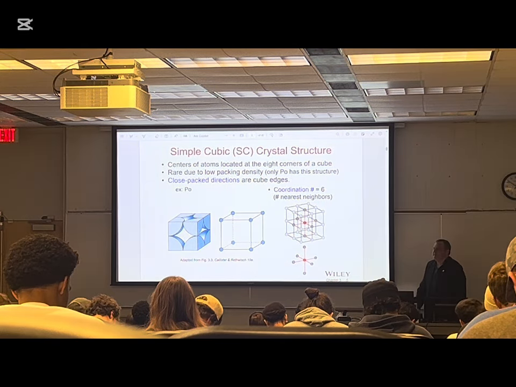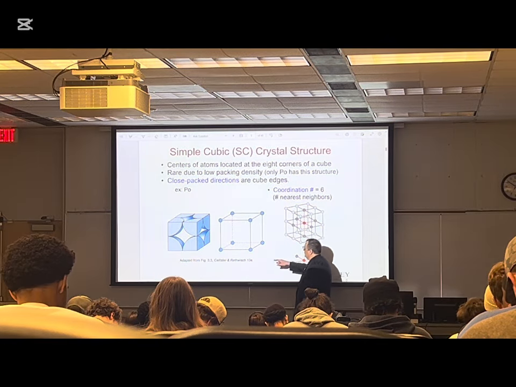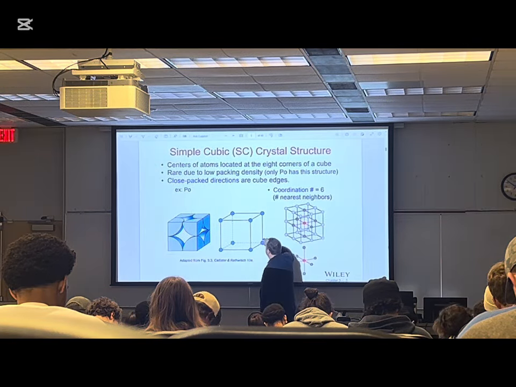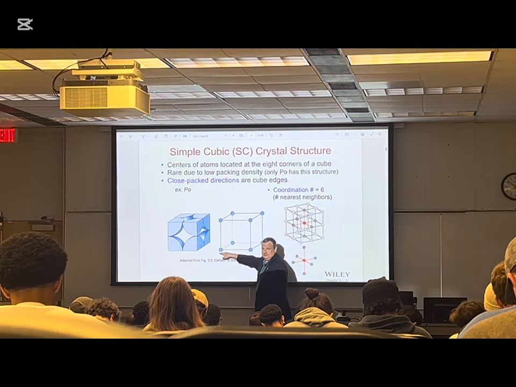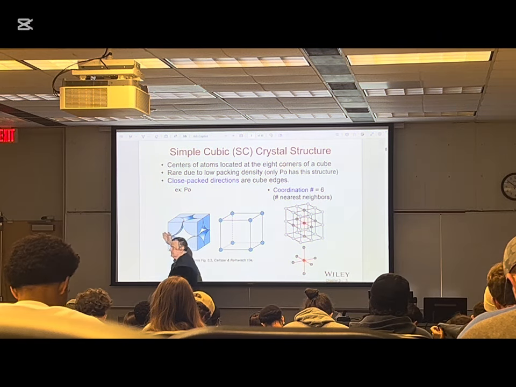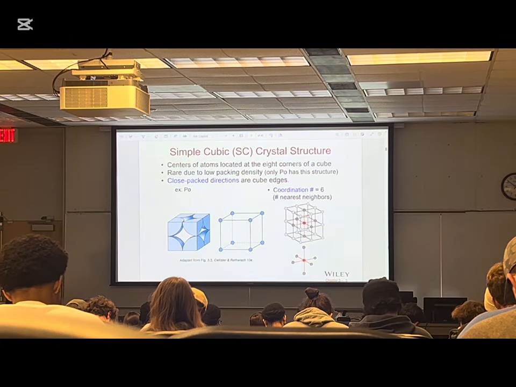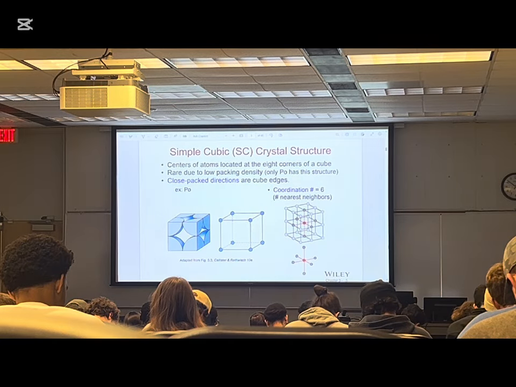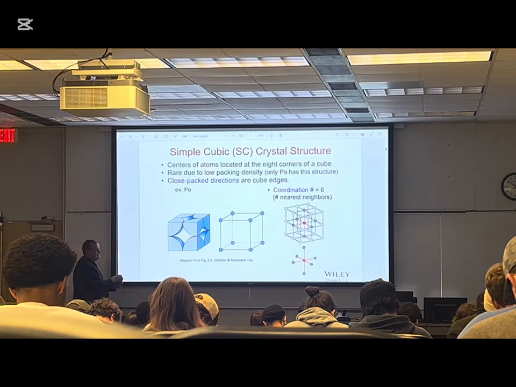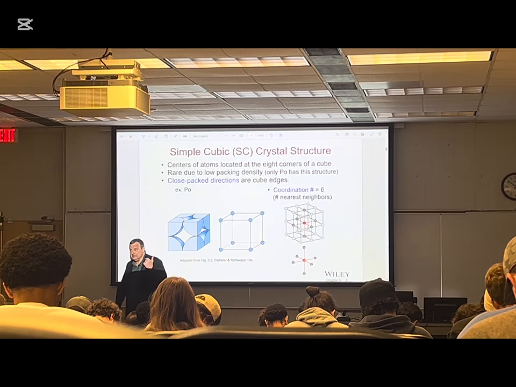And one is called the simple cubic structure. There's an atom at a corner of a cube, like this. And we can section it. So this is your simple cubic structure, like this. If we are to draw this in 3D, by the way, this is called a unit cell.